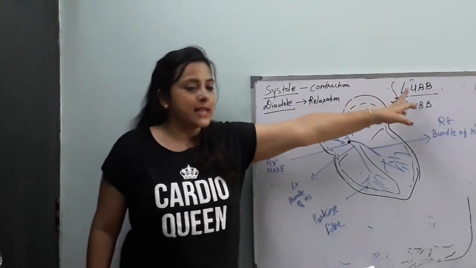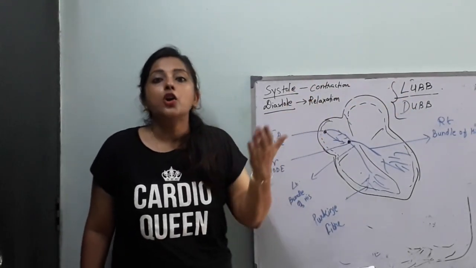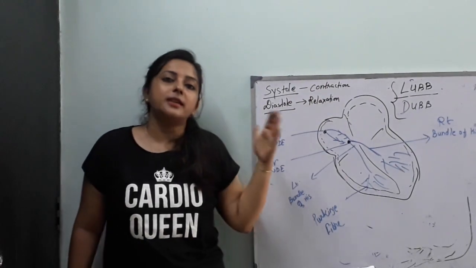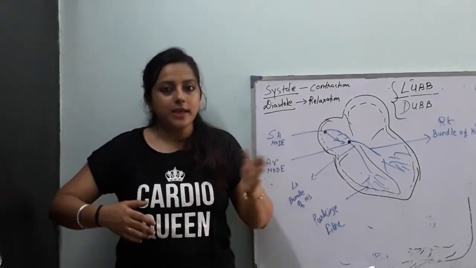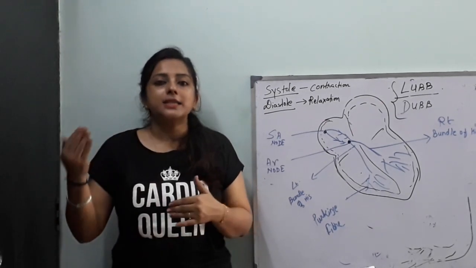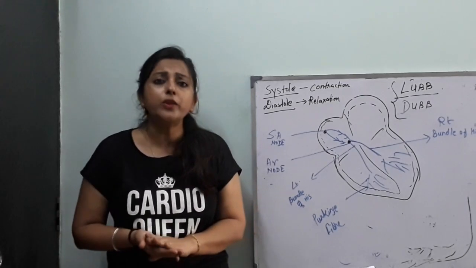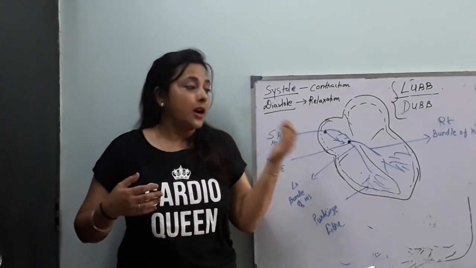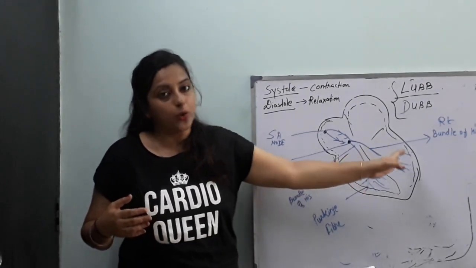The first sound is lub, which is generated after the closure of the valves present at the junction of the auricles and ventricles, that is the bicuspid and tricuspid valves, and the second sound is generated after the closing of the semilunar valves, that is the pulmonary valve or aortic valve.